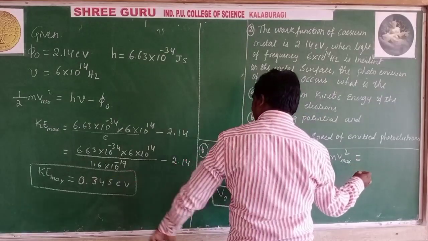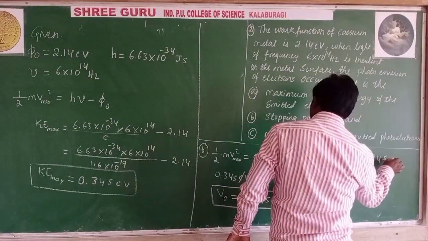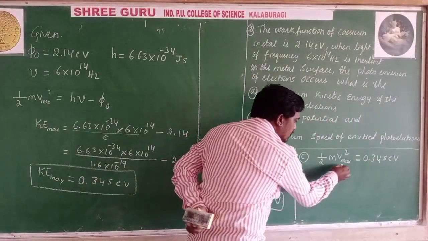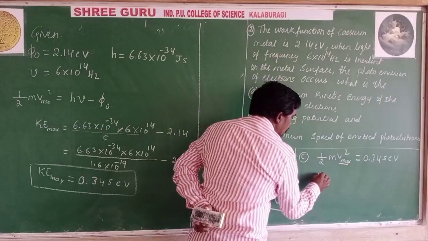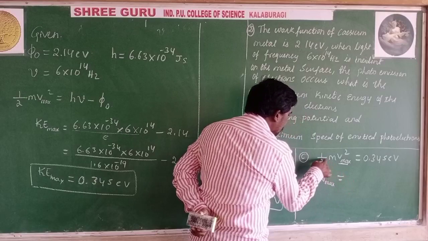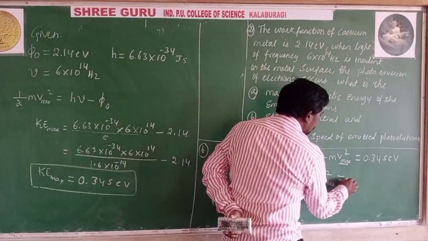What is the answer for that? 0.345 electron volt. Now you want this v max. Keep v max whole square here only, and send the rest to that side. 2 is going to multiply here.